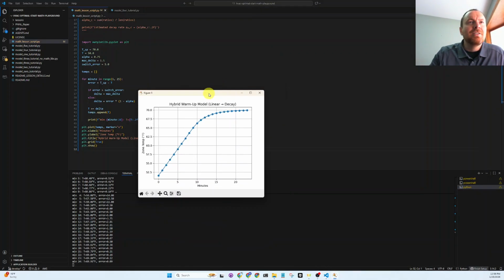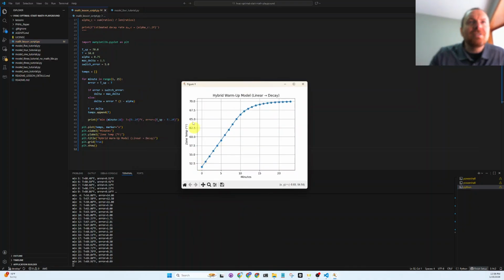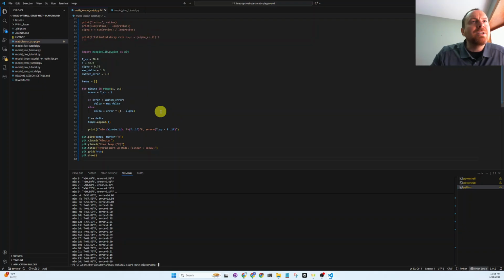This is interesting. So it plotted, so this should be the zone temp, degrees Fahrenheit. Seems kind of cool. Nice curve to it. So basically, I don't understand what they're doing here.